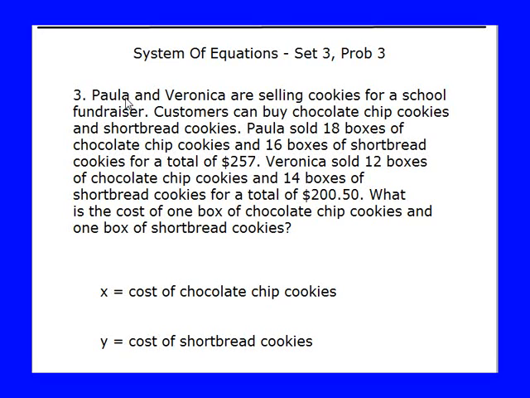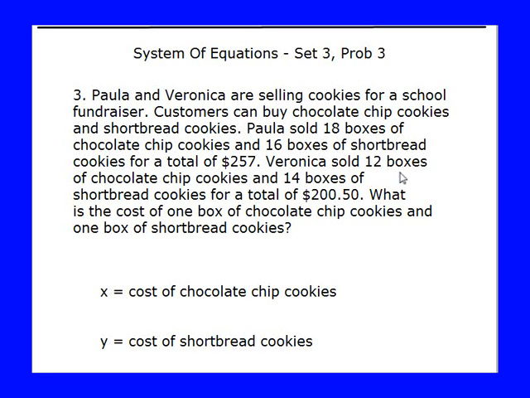Problem 3. Paula and Veronica are selling cookies for a school fundraiser. Customers can buy chocolate chip cookies and shortbread cookies. Paula sold 18 boxes of chocolate chip cookies and 16 boxes of shortbread cookies for a total of $257.